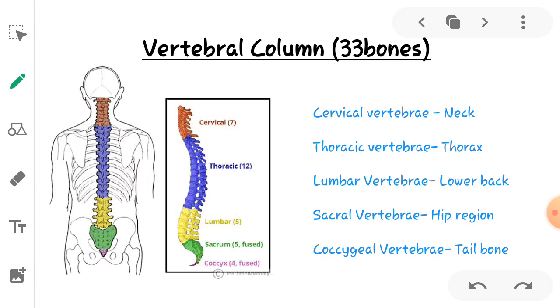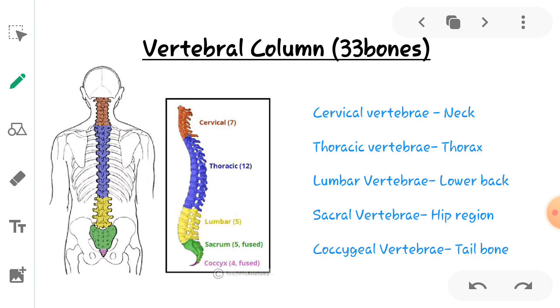Then fourth portion is sacrum. It is made up of 5 sacral vertebrae. But these 5 vertebrae are not free. These 5 vertebrae are fused together, forming a single structure. Look at the picture at the extreme left. Inside 2 hip bones, green structure is present.